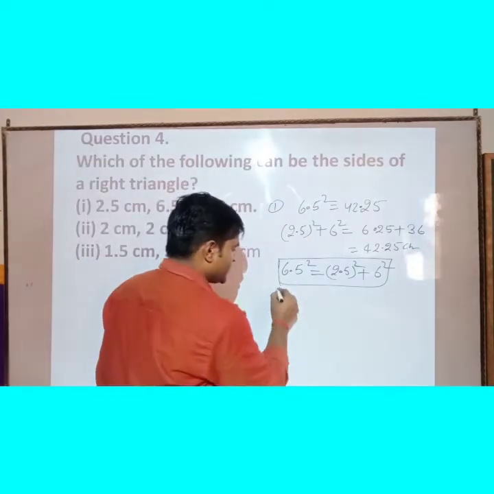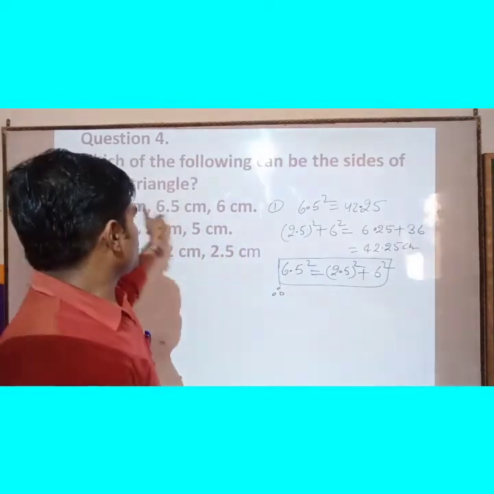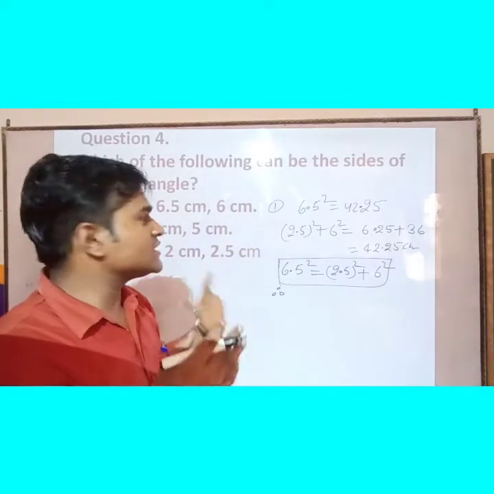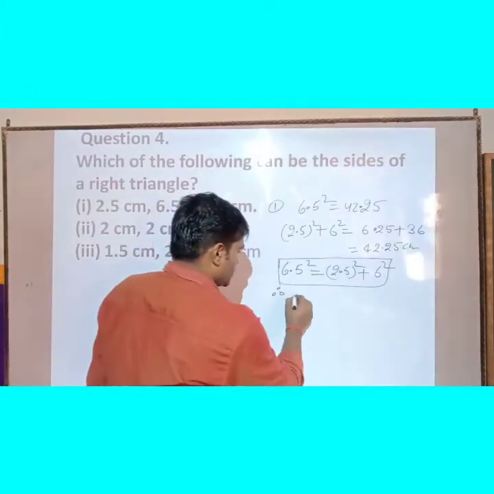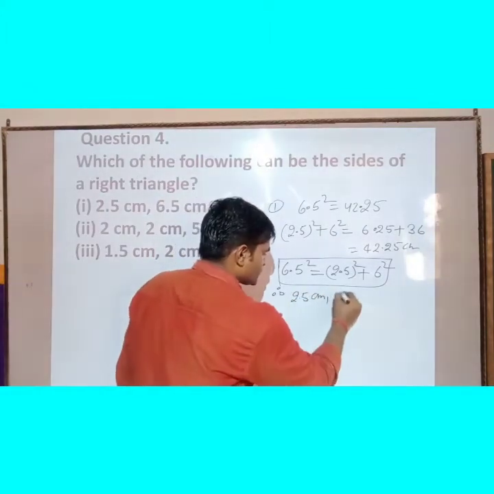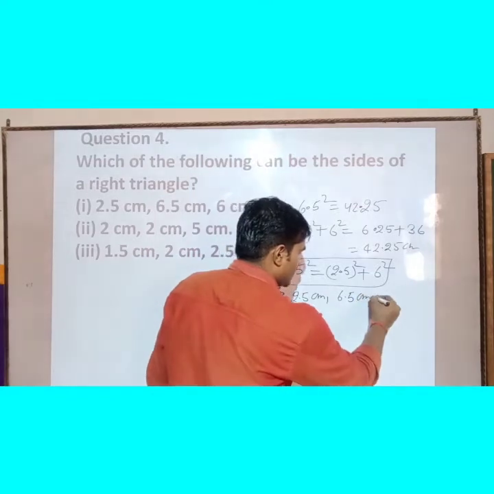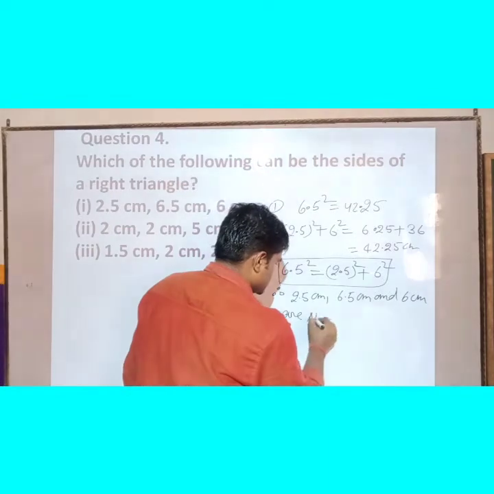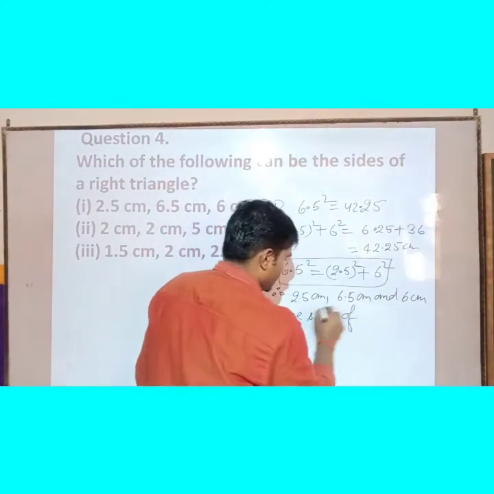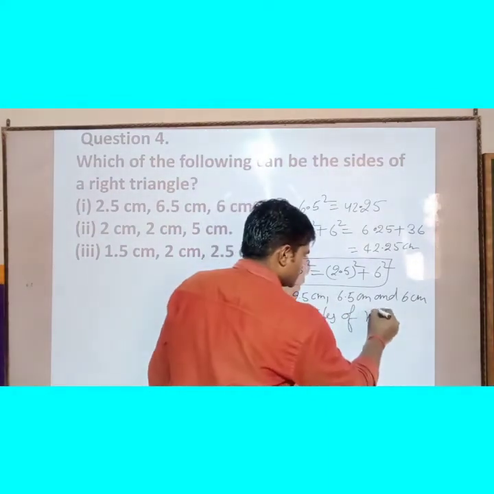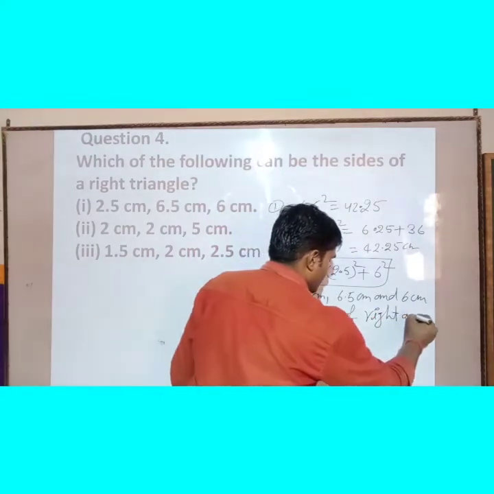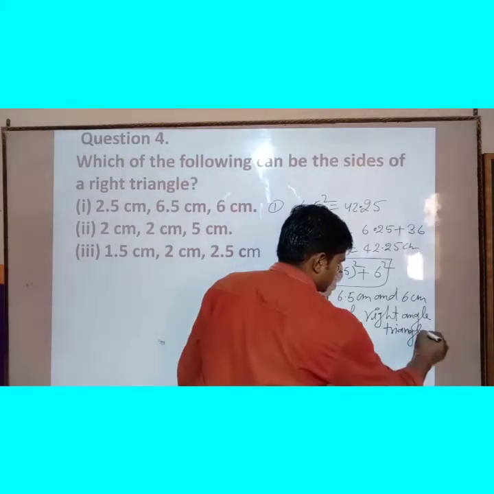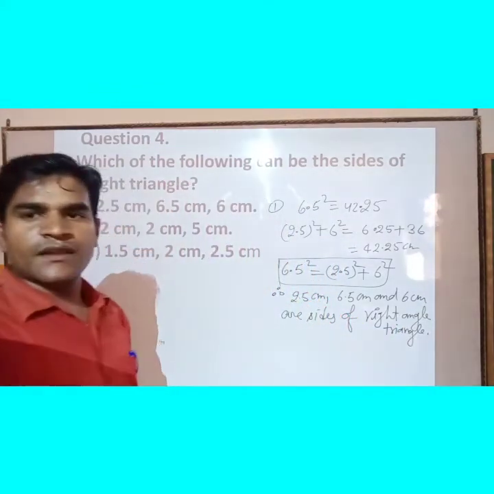Therefore, you have to write there: 2.5 centimeter, 6.5 centimeter and 6 centimeter are sides of a right angle triangle.